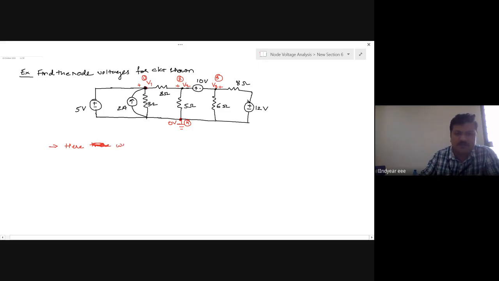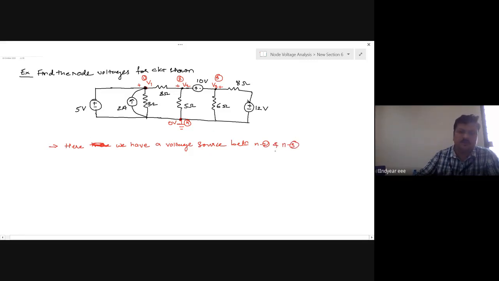Here we have a voltage source between node 2 and node 3.